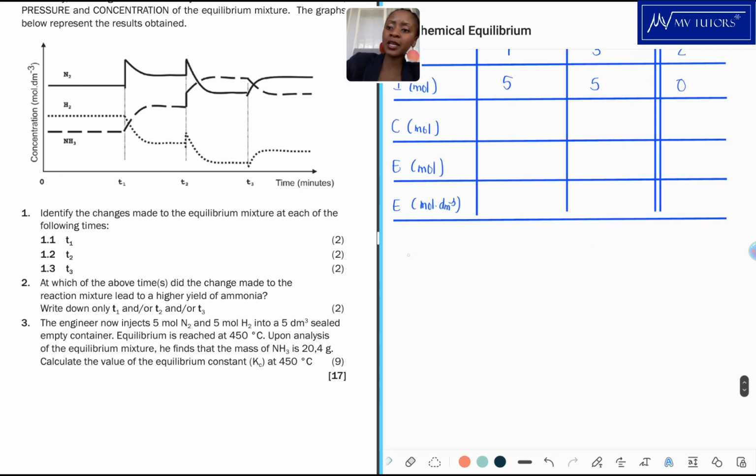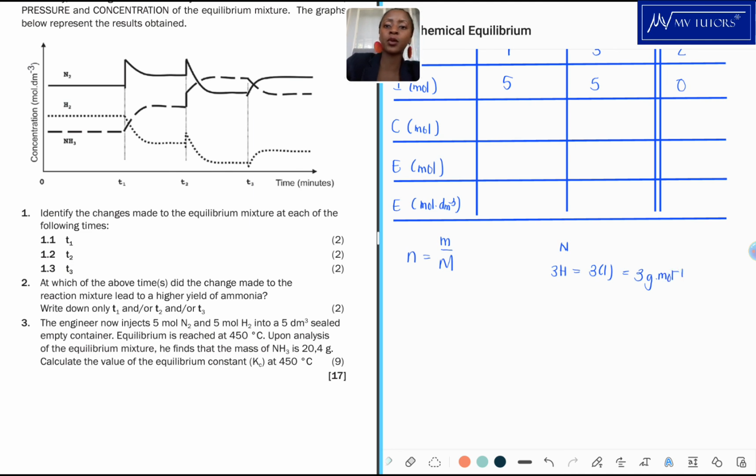The number of moles is the mass over the molar mass. Now I need to check on the periodic table. So we have nitrogen, we have 3 times hydrogen. Hydrogen, I already know that it has 1 gram per mole. So if I multiply by 3, it will be 3 grams per mole.